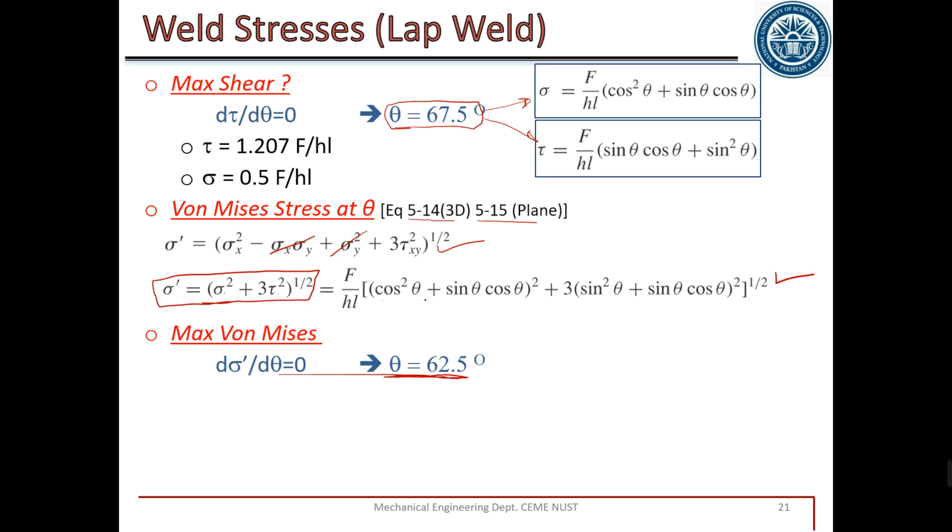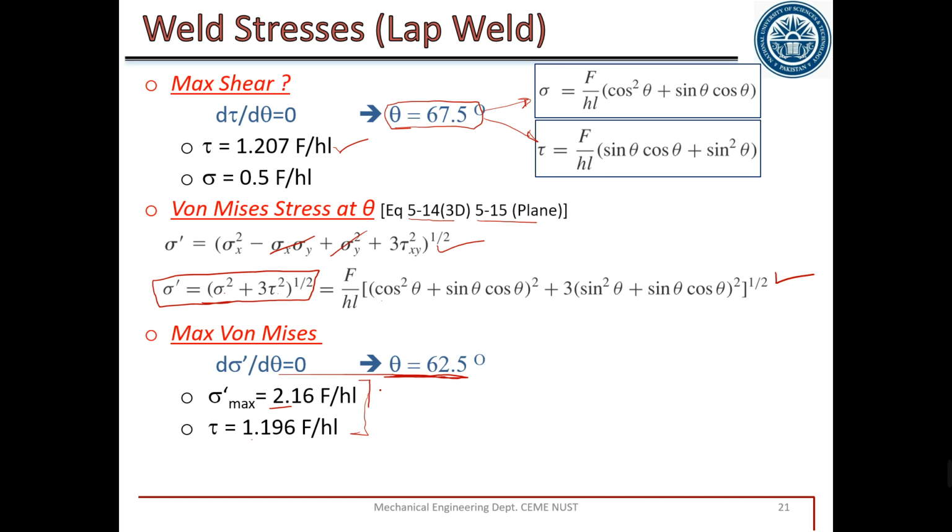Substituting these values in sigma and tau gives us, at 62.5 degrees, sigma maximum is 2.16 and tau maximum is 1.19. Here tau was 1.20 because it was the maximum value of tau in the weld, but this is a little bit less. But as this equation is a combination of shear and normal, the overall resultant is maximum in this case.